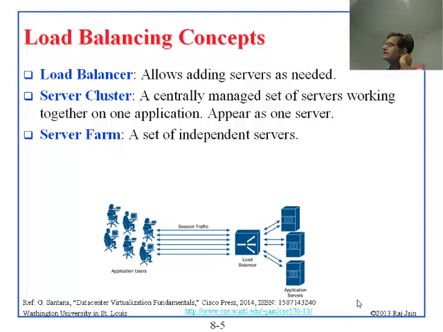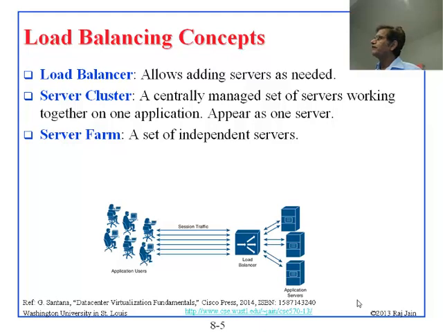Now, on the server side, 2 terms are used that you should be aware of. Basically, one is called server cluster and the other server farm. What is a farm and what is a cluster? From the name, it appears that the cluster looks like something small and the farm looks like something big, right? And so that's what it is. A cluster is a centrally managed set of servers working together on one application, and they appear as one server.